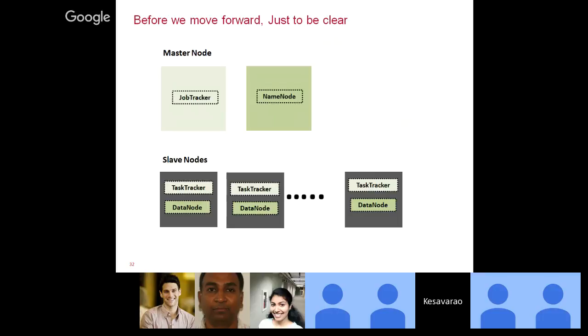So the first part is done by one task tracker, I mean one data node, and the other part is done by another data node. But the task tracker finally understands that part of this calculation is done here and part is done there. So now I have to combine these two and send it back to the job tracker. That's how the complete job will be done.